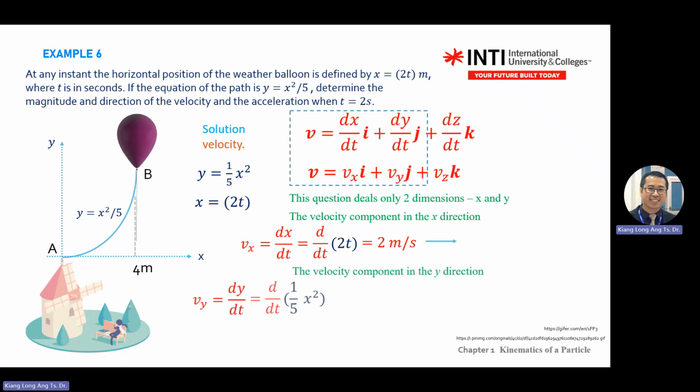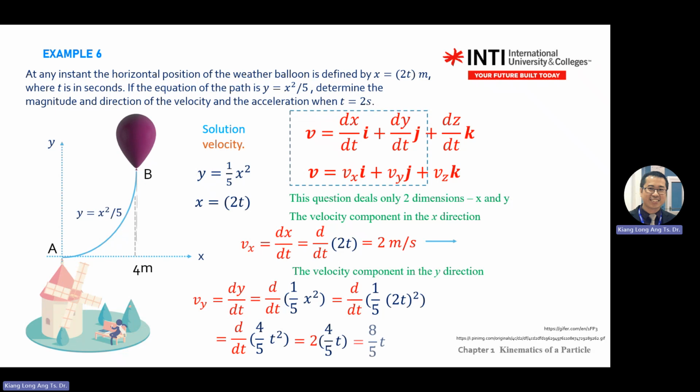Why do you need to substitute? Again, substitute, you know how to do already. The rest is, so from here you pull the, so you get 8/5 t as your Vy.